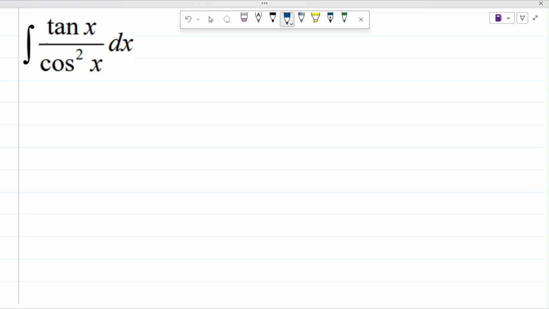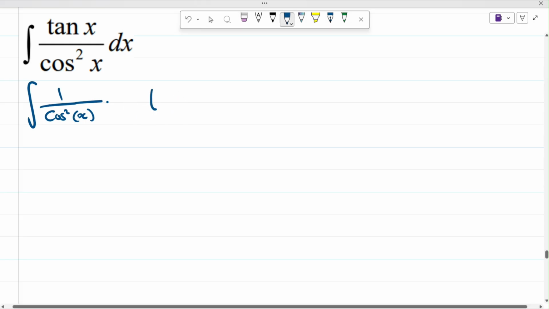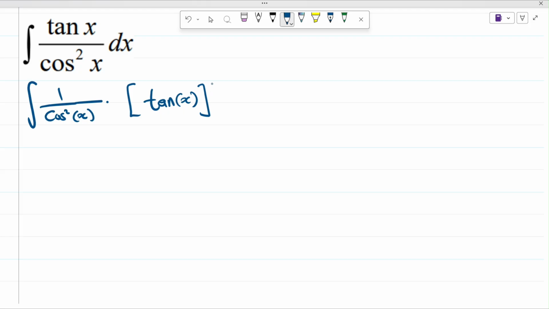So here we're going to get 1 over cos squared of x multiplied by tan of x. Just trying to rewrite this nicely so that y'all can see what is happening.